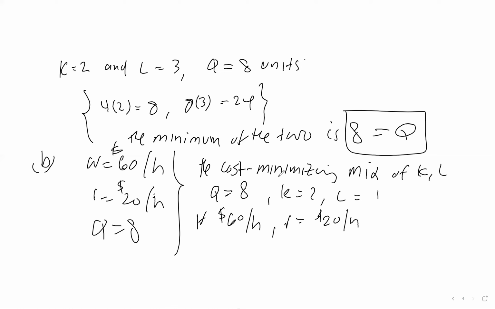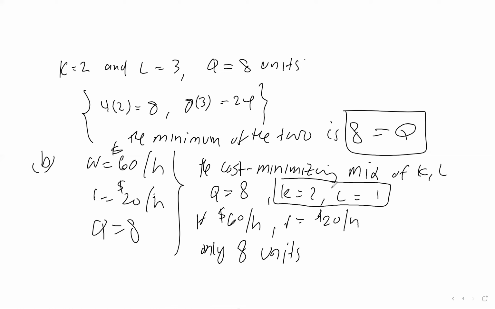This is because the Leontief function dictates that only 8 units can be produced, so only 1 unit of labor is necessary to produce this amount to go along with the 2 units of capital that get this minimum.